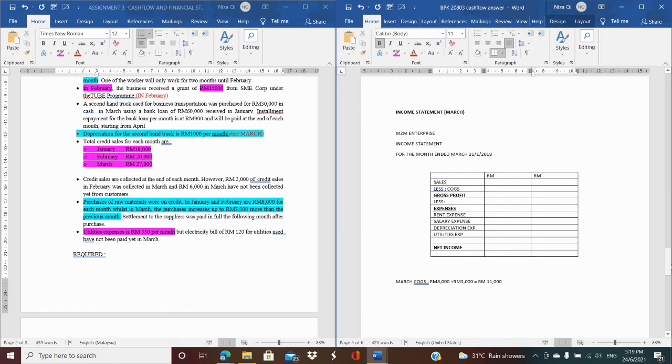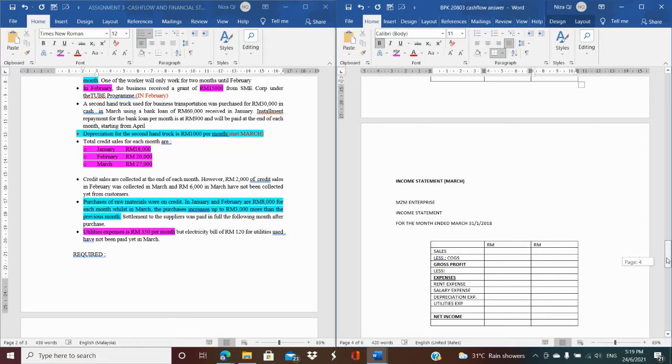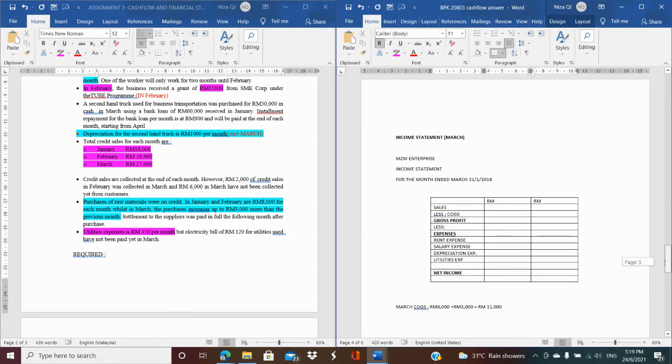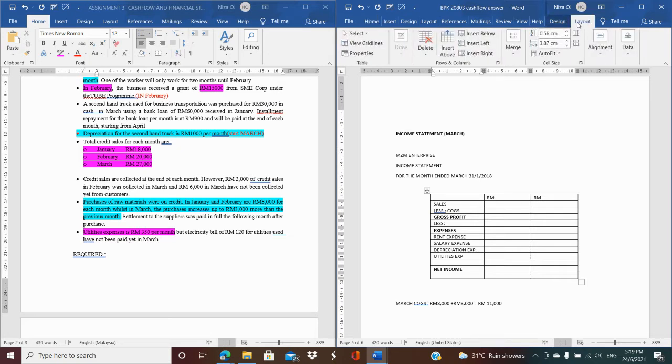But the difference here is that for March you're going to input the depreciation expense. For March there are no other revenues, so you don't need to input any other revenues, but you have to watch out because in March there is actually depreciation, and also for the utilities calculation.